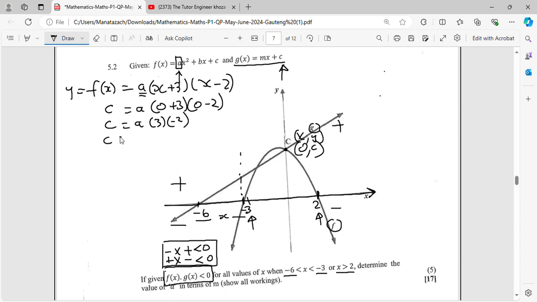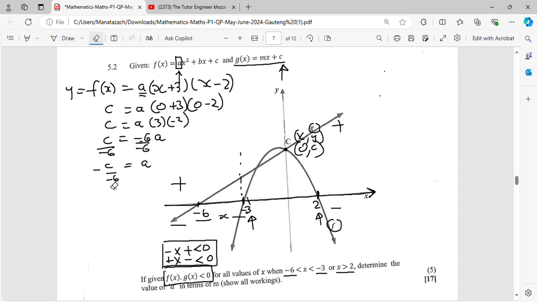So c is equal to 3 times minus 2, which is minus 6a. Therefore a, we can just divide by minus 6 on this side and this side. Then you find that a is equal to minus c over 6.